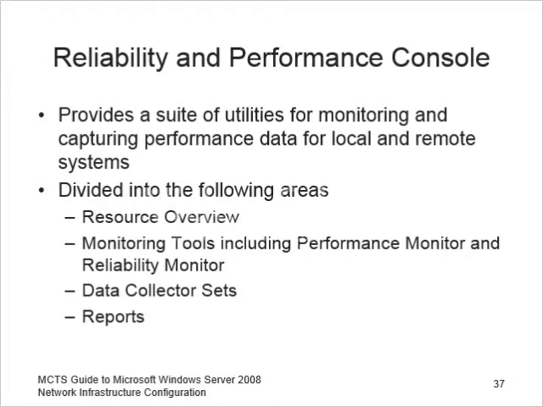You can access the Reliability and Performance Monitor from the Server Manager console, or by keying perfmon from the Run line or the command prompt. Once the tool has launched, you can choose from one of the three following views. First, Resource View. This is the default view of the Reliability and Performance Monitor.